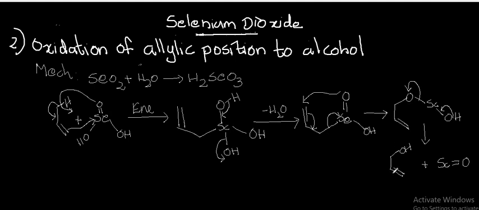So here two important reactions take place. One is the ene reaction, another one is the sigma-tropic rearrangement reaction, that is the 2,3 sigma-tropic rearrangement reaction. So this mechanism is a combination of two pericyclic reactions: the ene reaction and the 2,3 sigma-tropic rearrangement reaction.